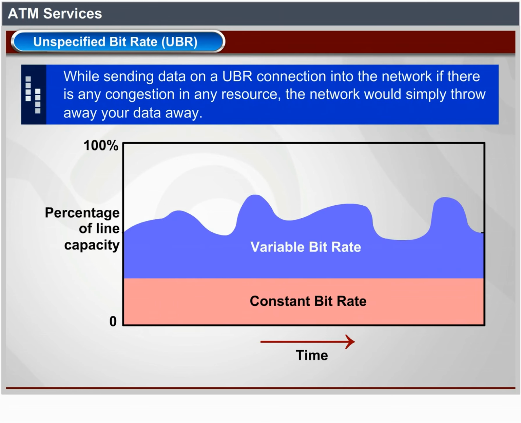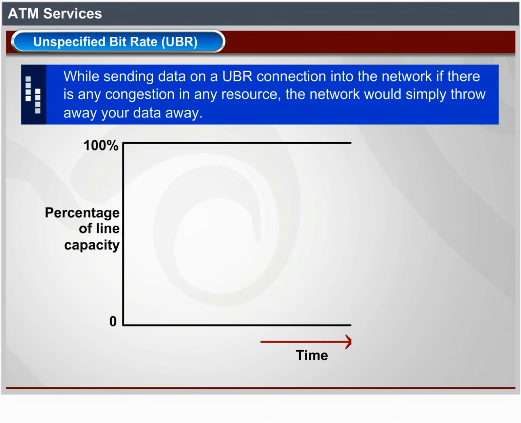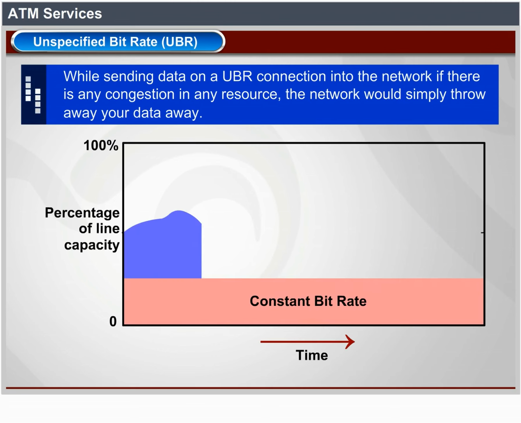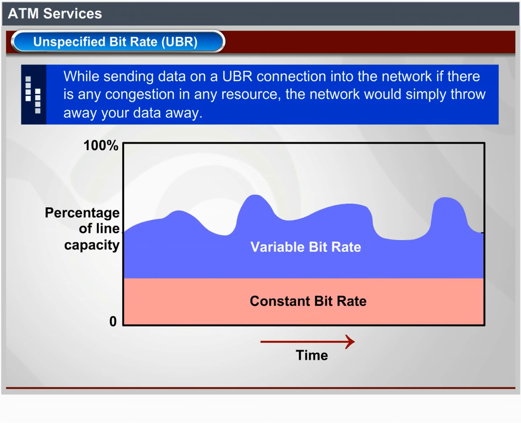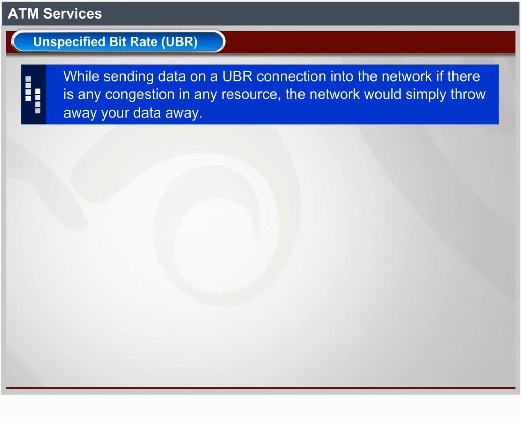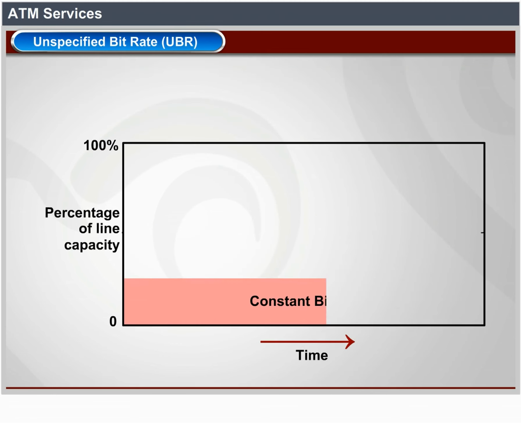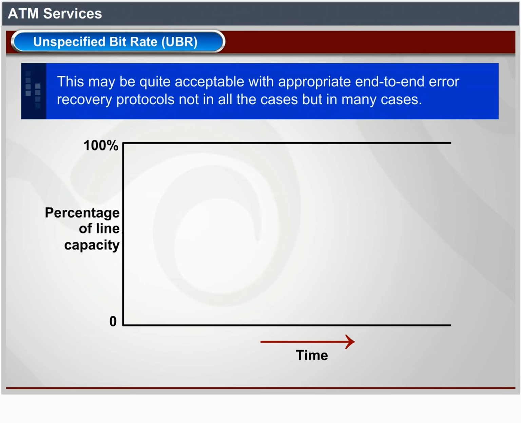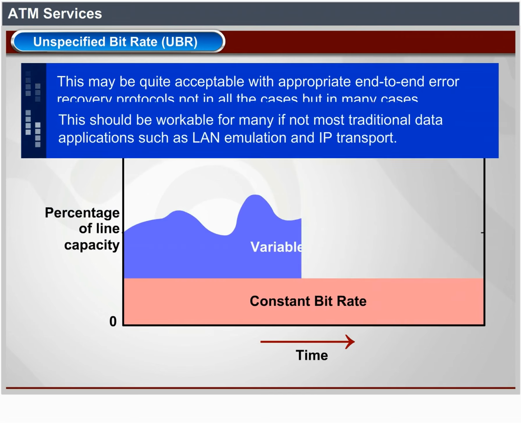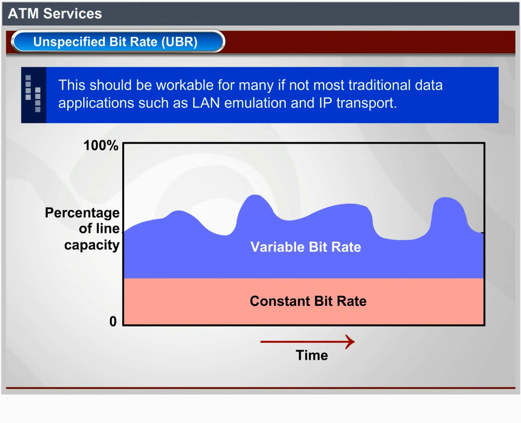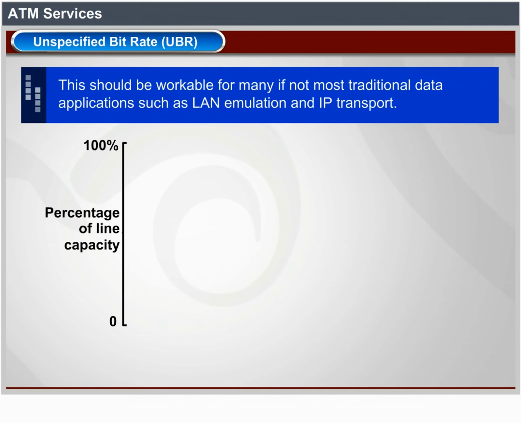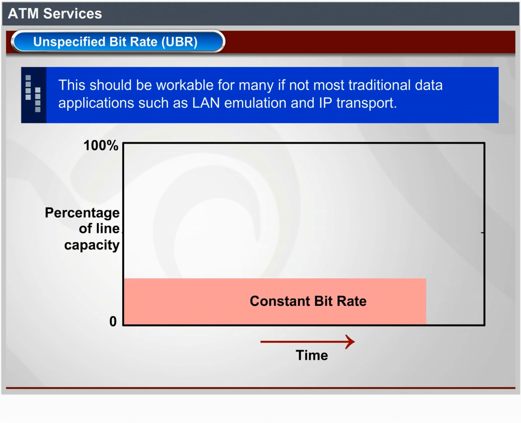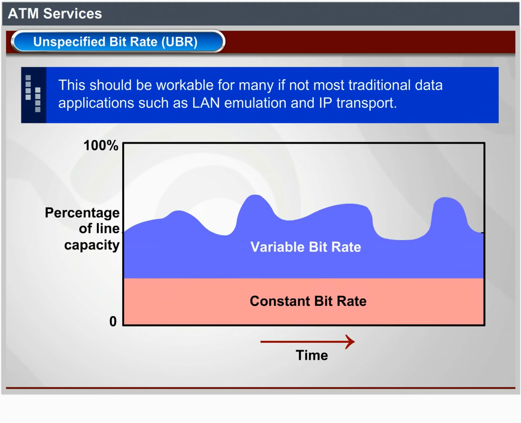You send data on a UBR connection into the network, and if there is any congestion in any resource, then the network will throw your data away. In many cases, with appropriate end-to-end error recovery protocols, this may be quite acceptable. This should be workable for many, if not most, traditional data applications such as LAN emulation and IP transport.